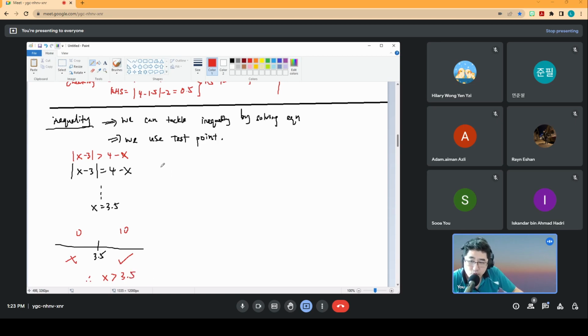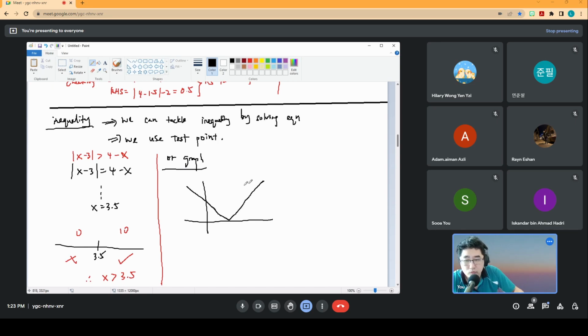We can always use the test point method, or we can actually use a graph. This is my y1, this is my y2. This is 3 and 3. This is your modulus of x minus 3, and this is 4 minus x over here.